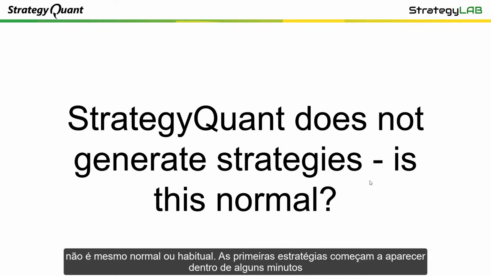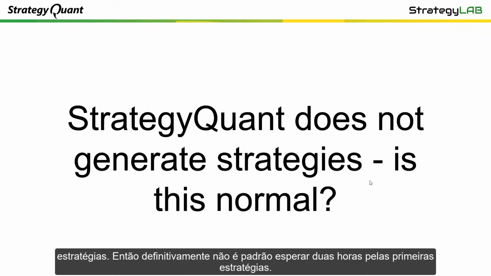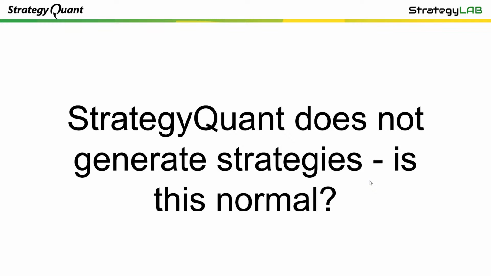The first strategies start to appear within a few minutes on a very average computer. I personally work on a very average computer, and it takes 3, maybe 4 minutes, and I can already see the first 2-3 strategies. So it's definitely not standard to wait like 2 hours for first strategies.